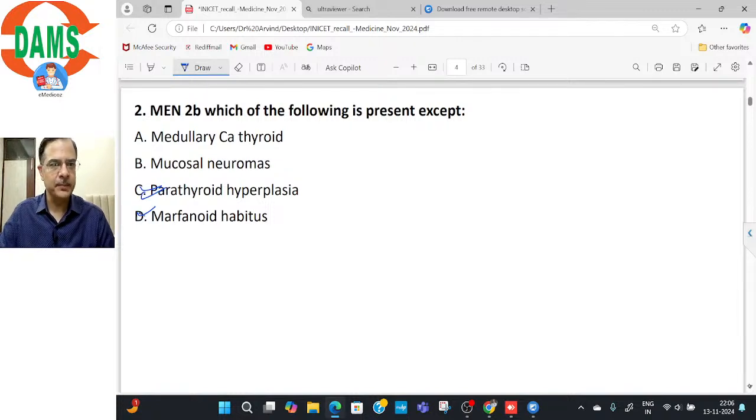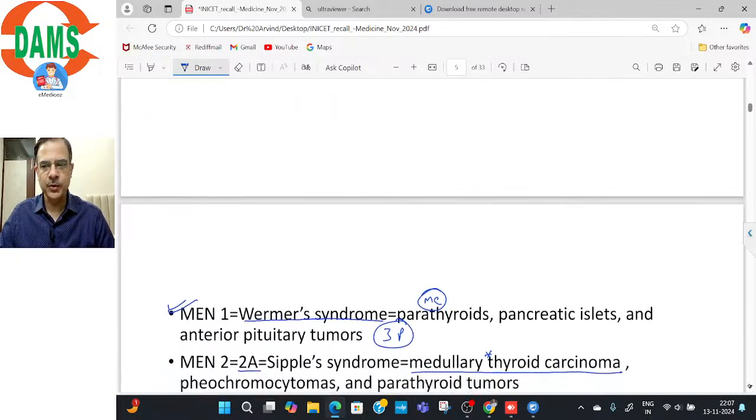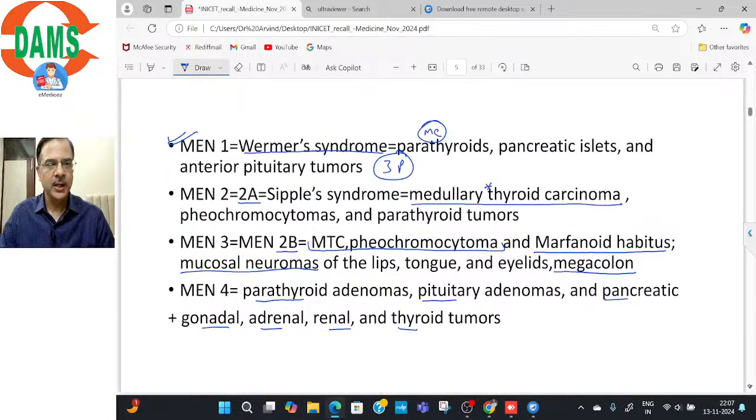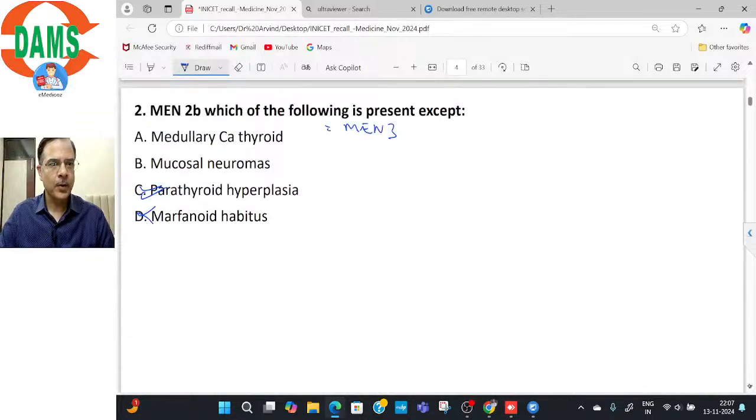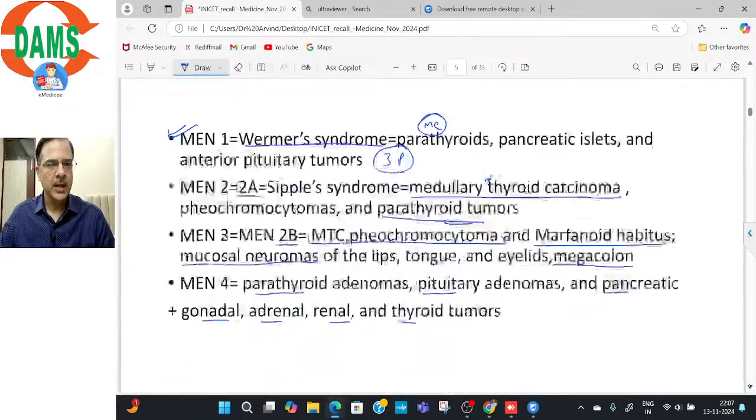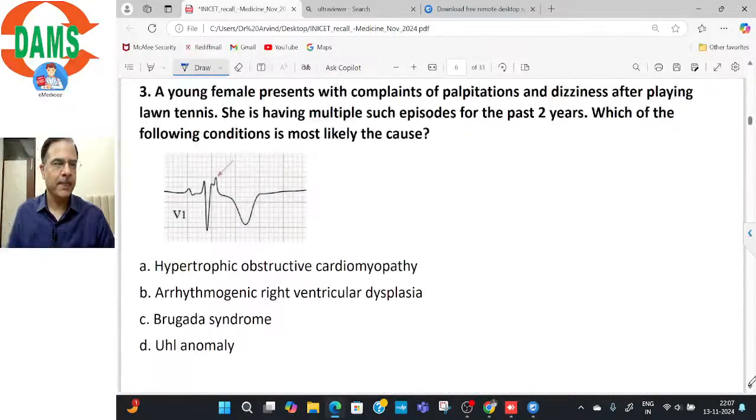Sorry, the parathyroid tumor will not be present in MEN2B. So the answer here will be option C. Now coming to question number 3.